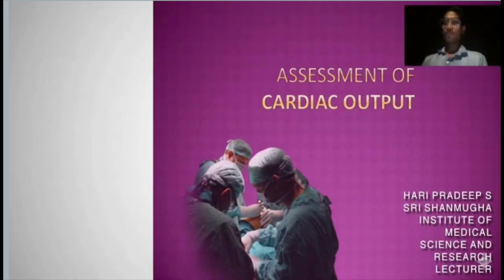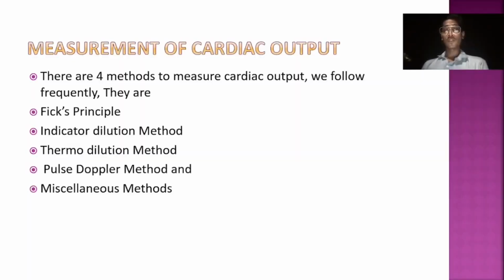Today we are going to see the topic of cardiac output assessment, where we use it to assess cardiac output. There are historical methods used by our ancestors. So these are the methods of measuring cardiac output that we follow frequently.